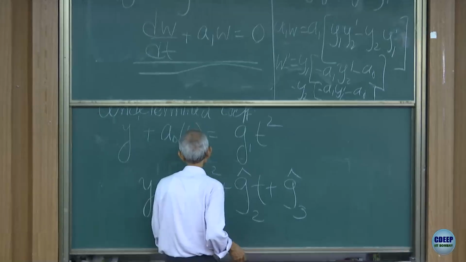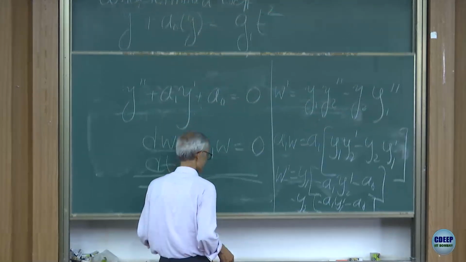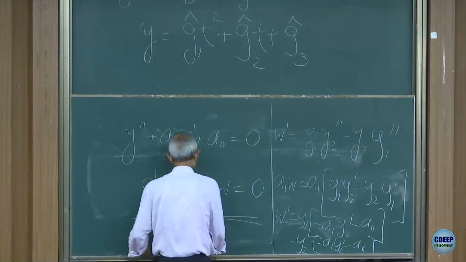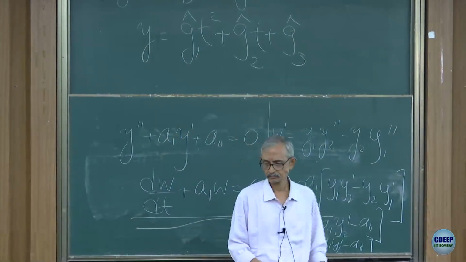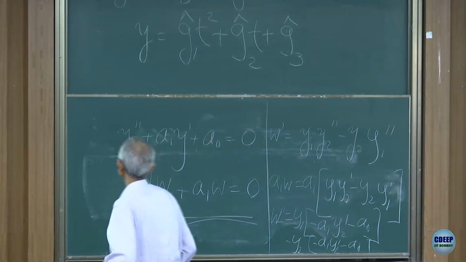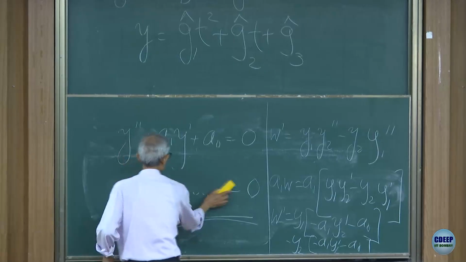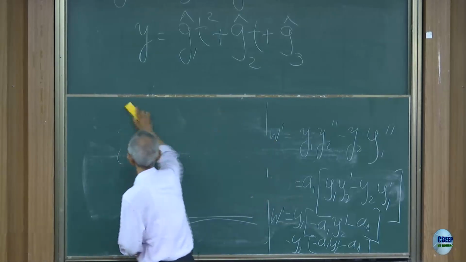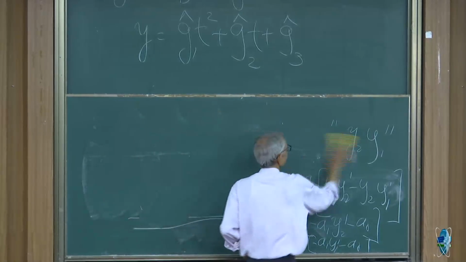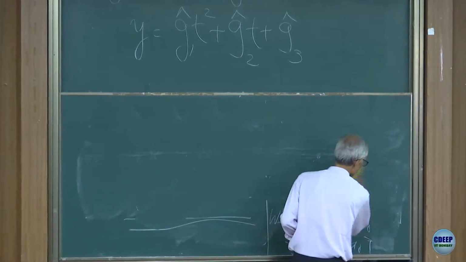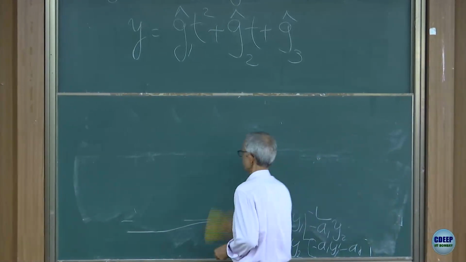Fairly straightforward. Go ahead and substitute. So we substitute this into our equation, and you have y prime.